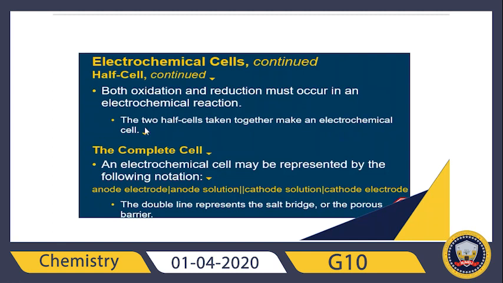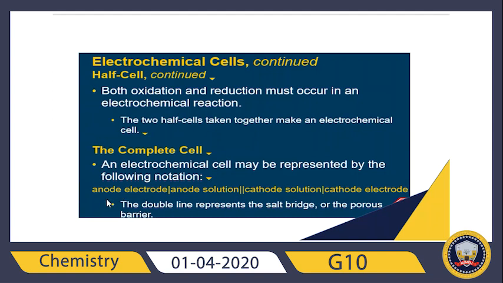So guys, the complete electrochemical cell, with both sides, the anode and the cathode, the connecting wire and all these compartments, is called the complete cell. An electrochemical cell may be represented by the following notation. So guys, here's how we can represent the complete cell.